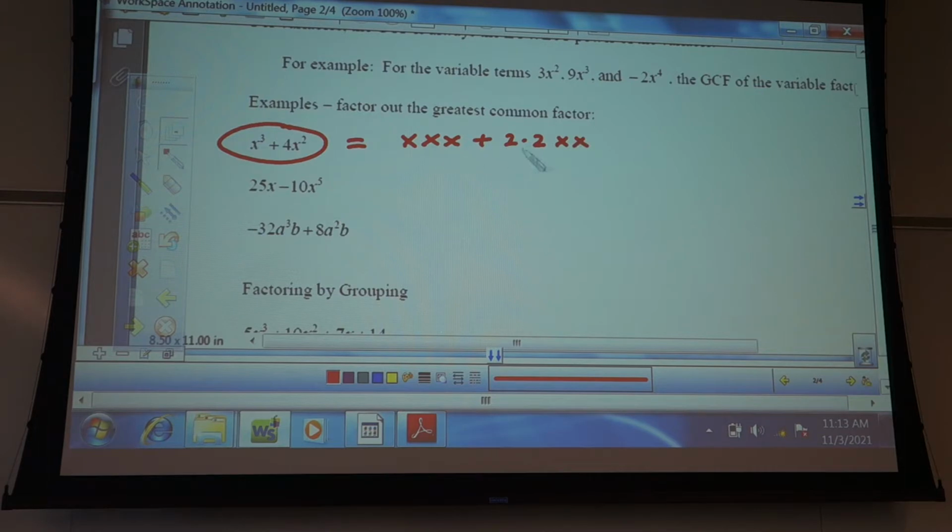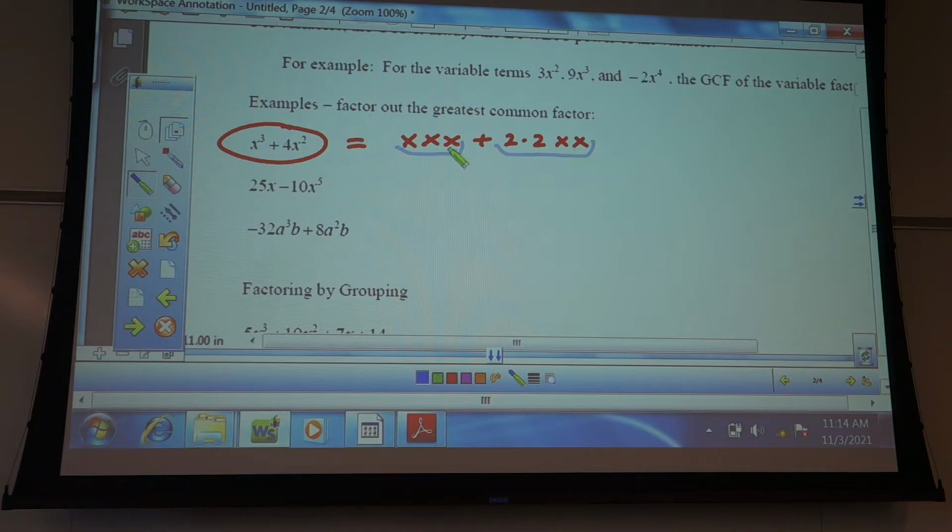And what factors do they have in common? They both have 2 x's. So this has 2 x's, that one has 2 x's. It's not really divided by the same thing, because you can't divide 2 by 3 evenly.